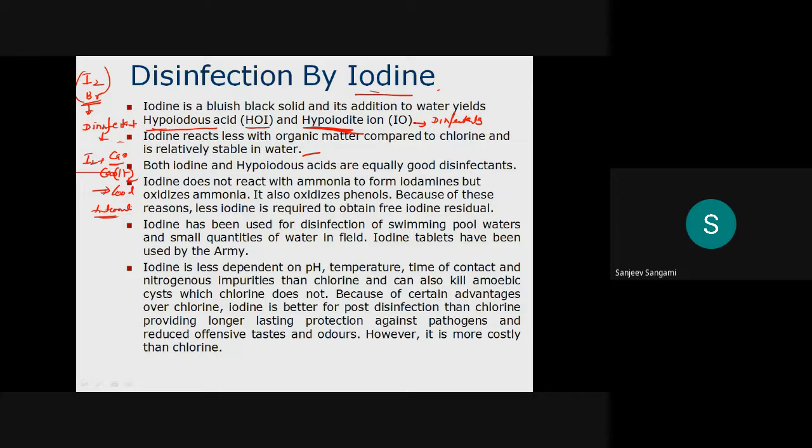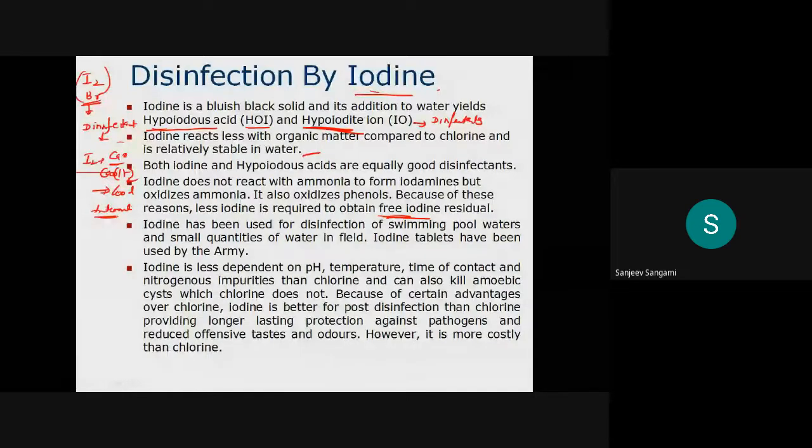Because of these reasons, less iodine is required to obtain the free iodine residuals. Here also you can keep the free iodine content even after the treatment process to prevent further contamination in the distribution network.